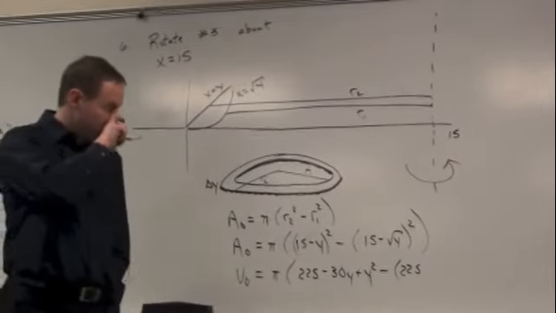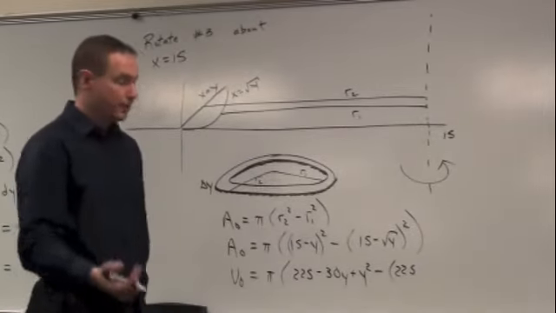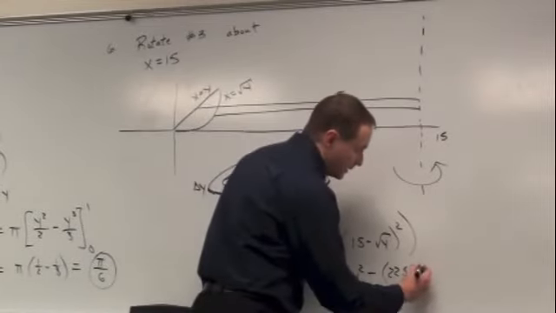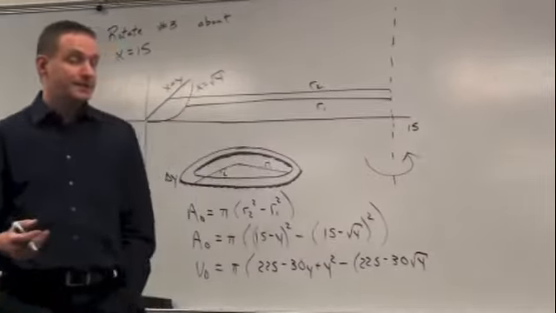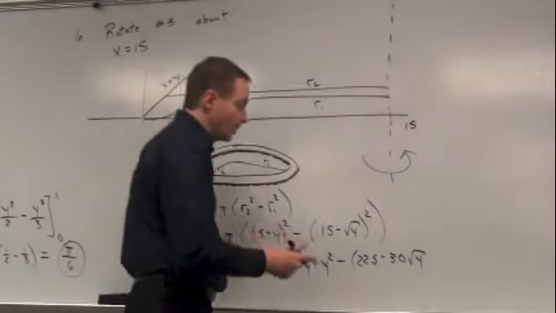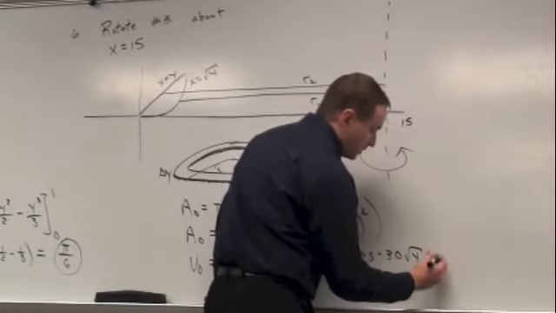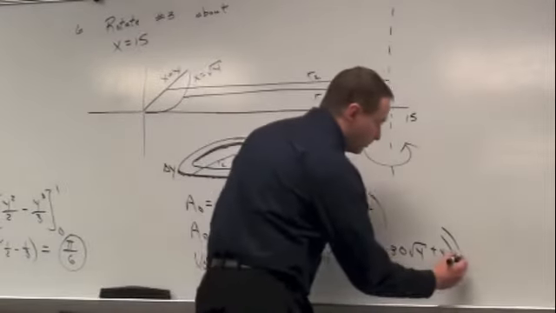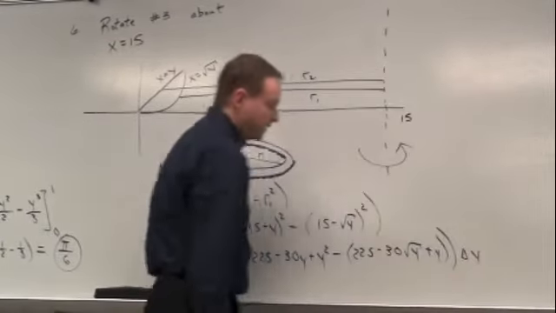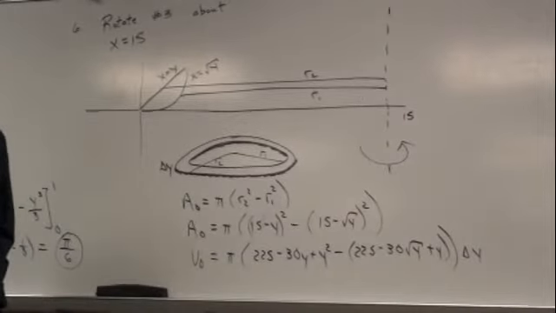And then I'll have the root of y times the root of y, which is going to be plus y. We're taking that entire thing and multiplying it by the thickness delta y.